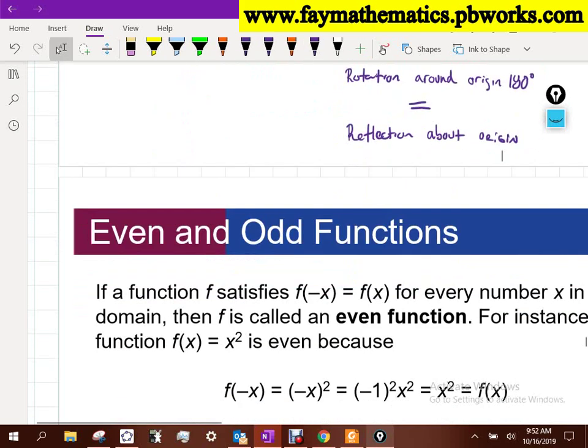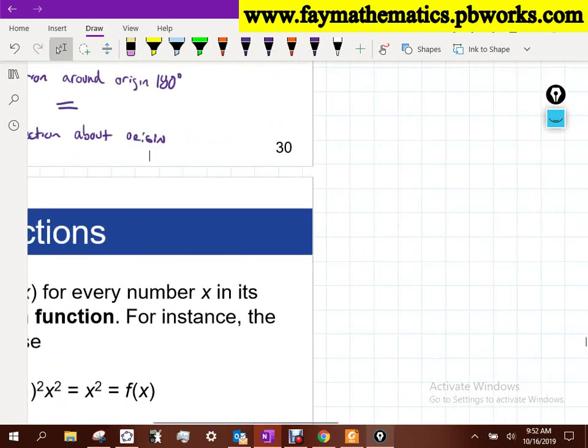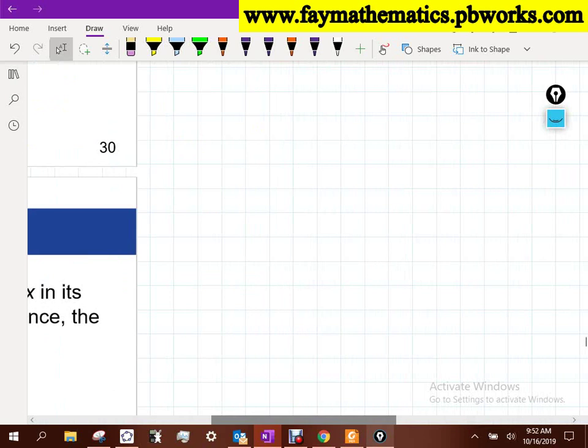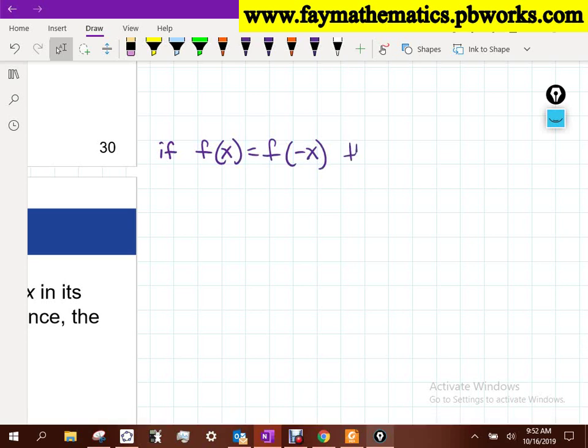So we get two rules, okay? And these two rules say that if your original function, f of x, equals f of the opposite of x, if you have this situation occurring, then f of x is even. So this is the algebraic way to check if we've got y-axis symmetry.